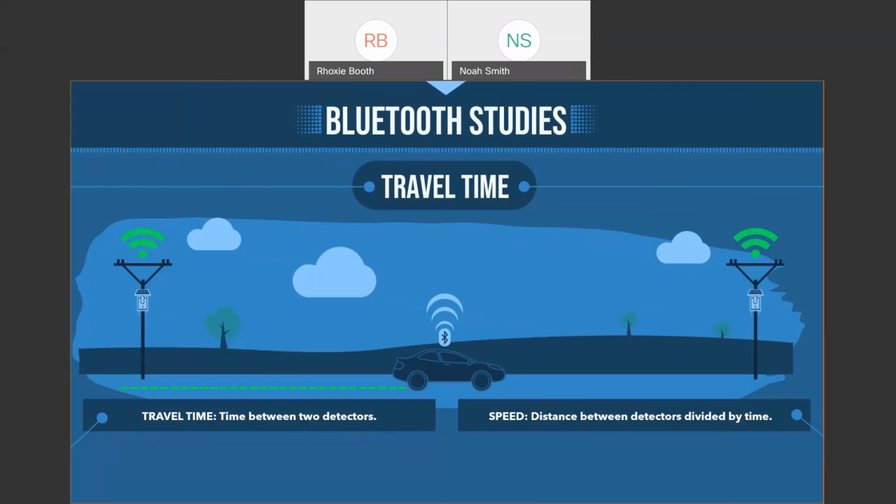And it's important to note here that with these Bluetooth surveys, we don't know the behavior of the vehicle in this area when it's driving between the detectors. We're just saying it was detected here, and then 20 minutes later it was detected here. We know the distance between the detectors, so we're just going to divide that distance by the time to give you an average speed. It's not a point-by-point speed. It's just an average based on the travel time between the 2 different detectors.